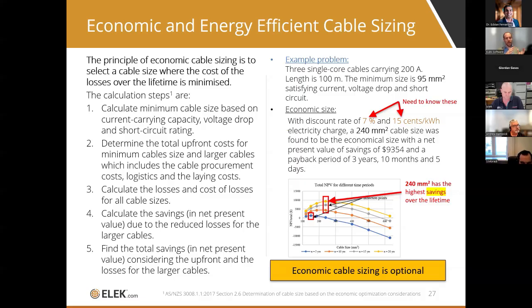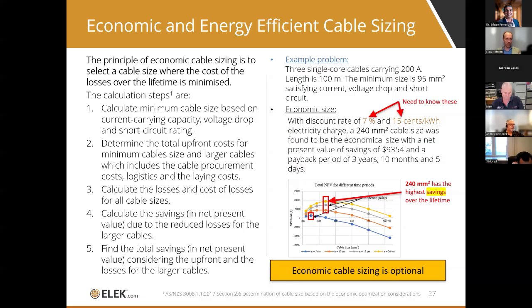So in theory, at the start of a project, if we take the minimum size to meet current capacity, voltage drop and short circuit rating, and we use a higher size than that, then that higher size will have lower losses. Over the lifetime of the cable, those lower losses will pay themselves back. There's a payback period, and over the lifetime it will be cheaper to operate that cable, but there's a higher initial cost.